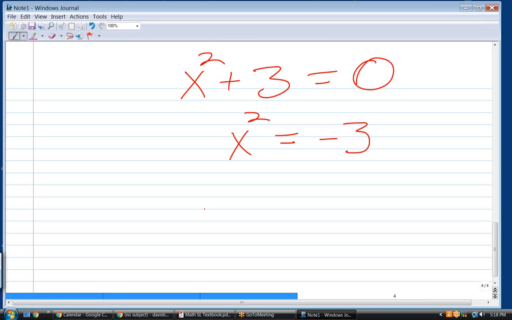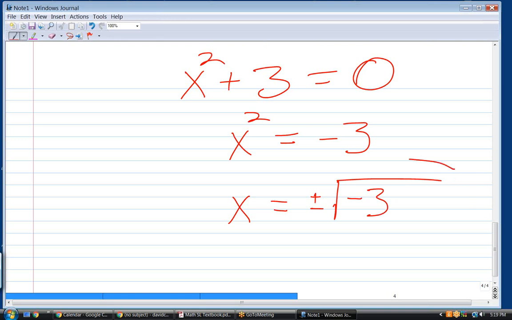I'm going to take the square root of both sides. So x is going to equal what? x equals plus or minus, first of all. Always start out your answers plus or minus. Square root of negative 3. That's the first step.